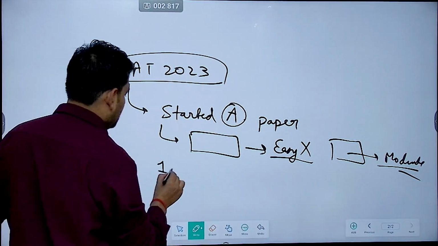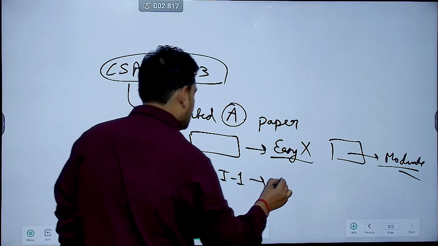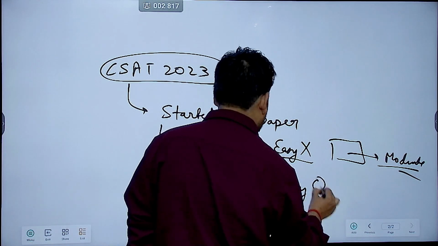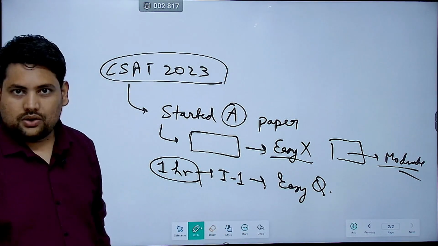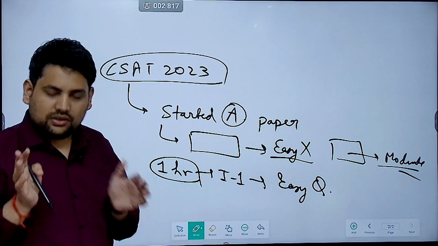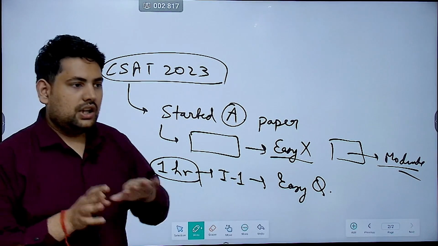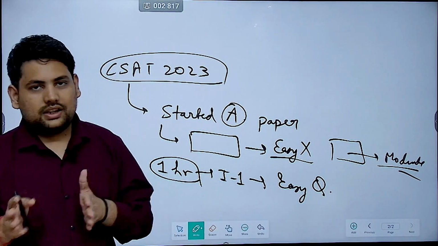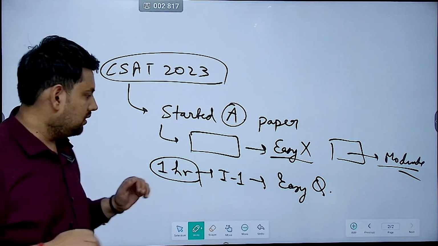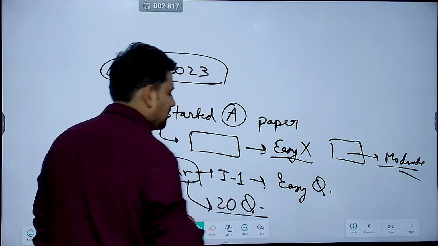Now they spent almost 1 hour in their first iteration finding easy questions. Why did it take 1 hour? Because they were reading all the questions and then bucketing them, that this is not easy, it is moderate, so I should leave it, this is difficult, so I should leave it. And eventually they saw that after 1 hour they had attempted only 20 questions.